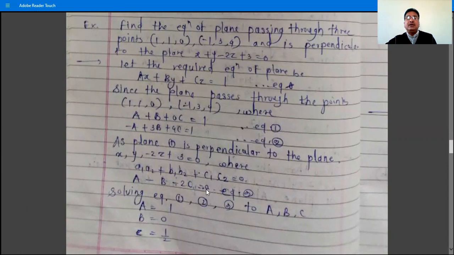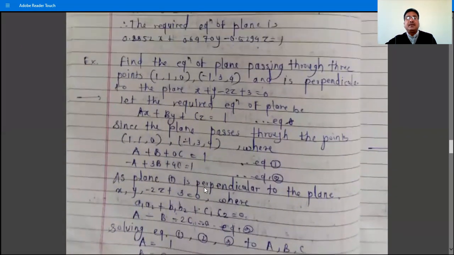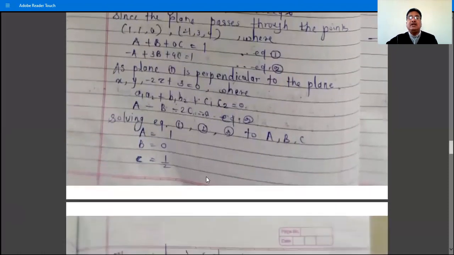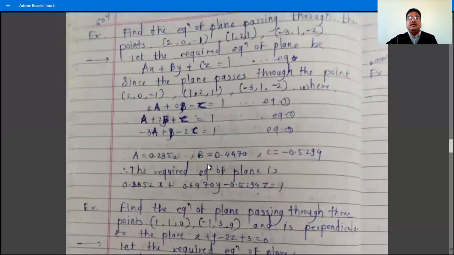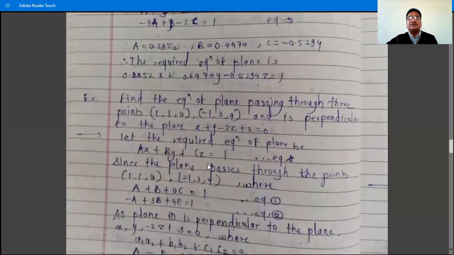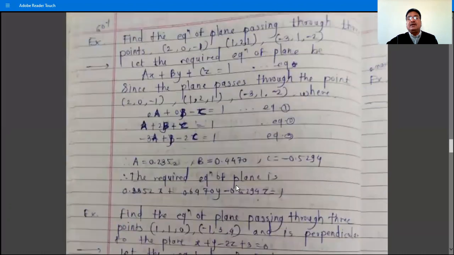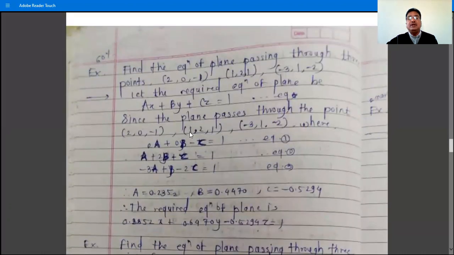In both cases we have 3 equations in ABC. Solve the 3 equations and find the values of capital A, B, C. So in order to solve these types of problems, that is, the plane passing through 3 points, take the general form of equation of plane as capital Ax plus capital By plus capital Cz is equal to 1.